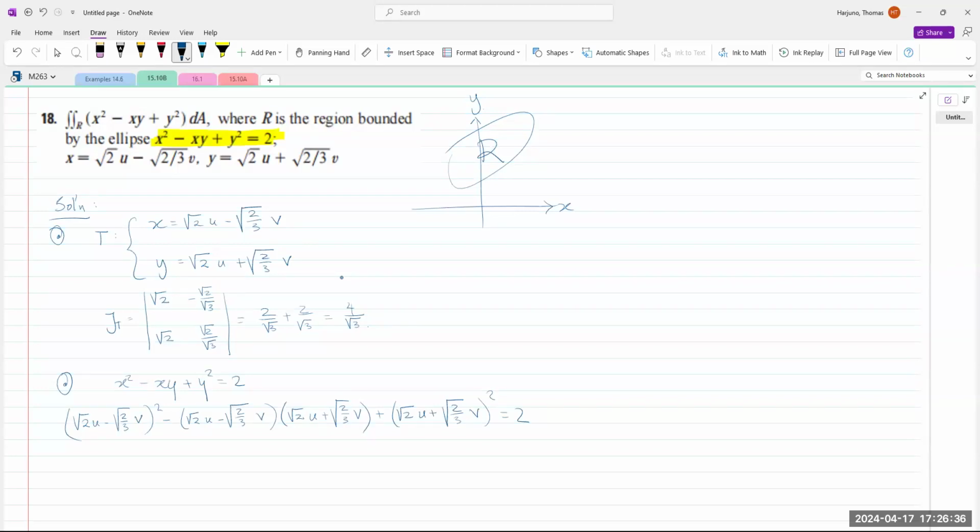Wish me luck. This is 2u squared minus 2 square root of 2 square root of 2/3 uv plus 2/3 v squared, and then minus, this happens to be a difference of squares, so that's minus 2u squared minus 2/3 v squared, plus 2u squared plus 2 square root of 2 square root of 2/3 uv plus 2/3 v squared equals 2.